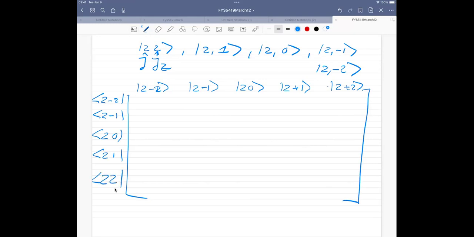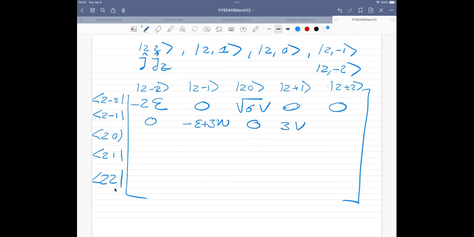So if I then plug in these values, I get minus 2 times this constant epsilon. I get 6, and then I have 6 square root times v. So it comes from one of those matrix elements, and then I have 0, 0. And then on the diagonal, I have minus epsilon plus 3w. There's a 0, there's a 3v, there's a 0. I have a 6v here.